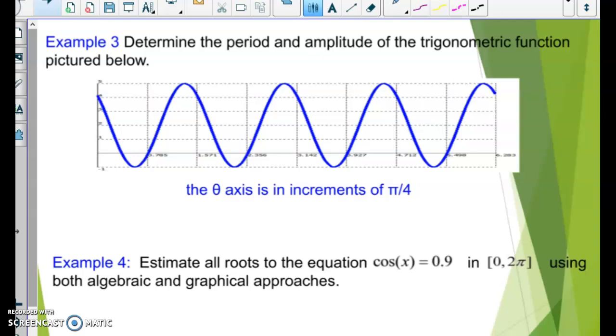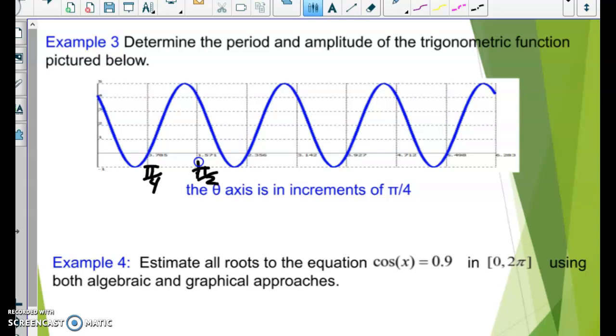Determine the period and amplitude of this trig picture. If we look at that, it's hard to tell on here, but this one is pi over 2, and we also know that this is pi over 4.